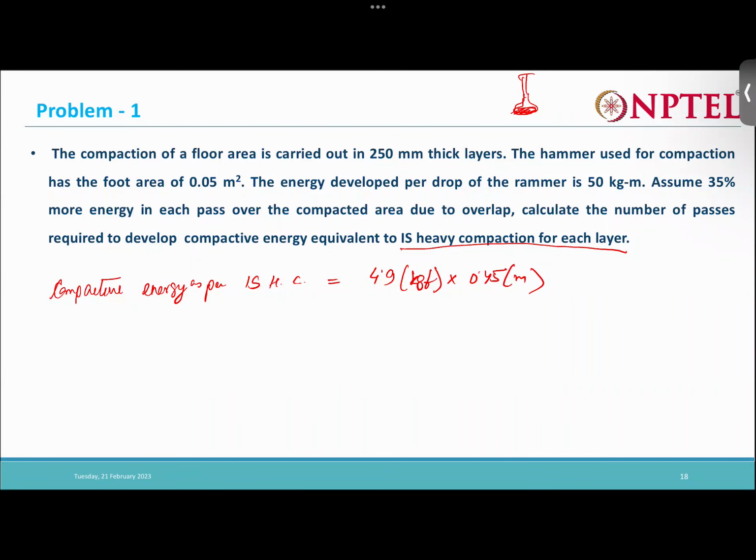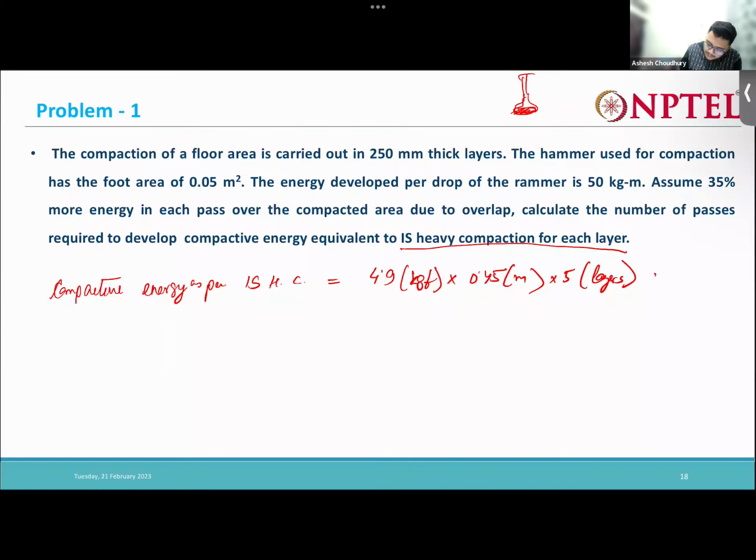I told you before that IS heavy compaction is almost similar to the modified Proctor test. So if you remember the values, you can easily relate these numbers. 4.9 kg is the weight of the hammer, and 0.45 meter is the drop of the hammer, into 5 layers. The total number of layers is 5.